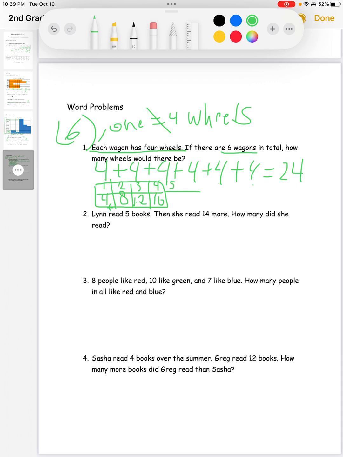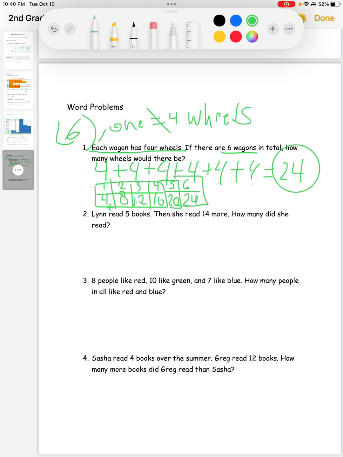And 5 wagons means that there is 20 wheels. And 6 wagons means that there is 24 wheels. So there is a total number of 24 wheels. You could either add this one by one or make a chart, which I recommend to make a chart.